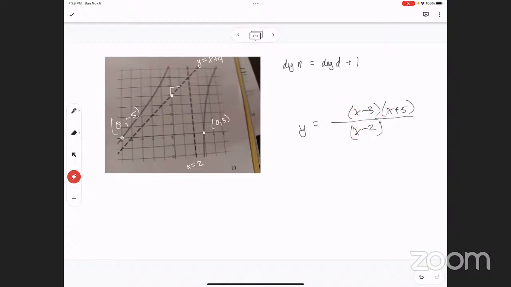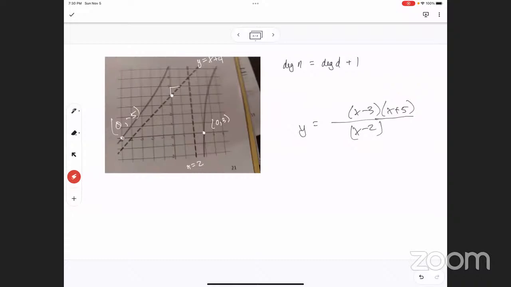I'm hoping that this is it, and I don't have to put anything here, A or B. If I plugged in 0 for all of these, I would get -3 times 5, which is -15, over -2, which is 7.5. Yeah, that seems about right. 7.5 is probably the right answer. So I'm pretty satisfied that this is probably the correct answer. That's probably all you need to do. You don't have to put anything else there.